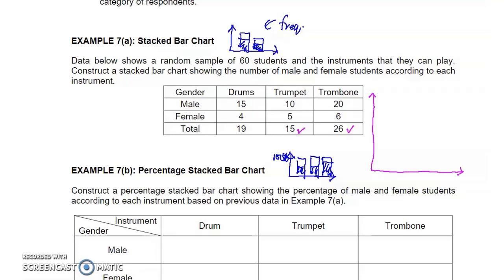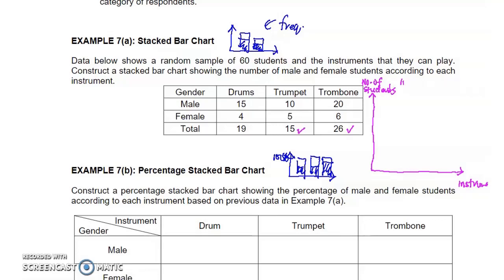So don't forget to label and give titles. So x-axis will be the instrument. So you write in full. Y-axis will be number of students. Title, any suitable title.